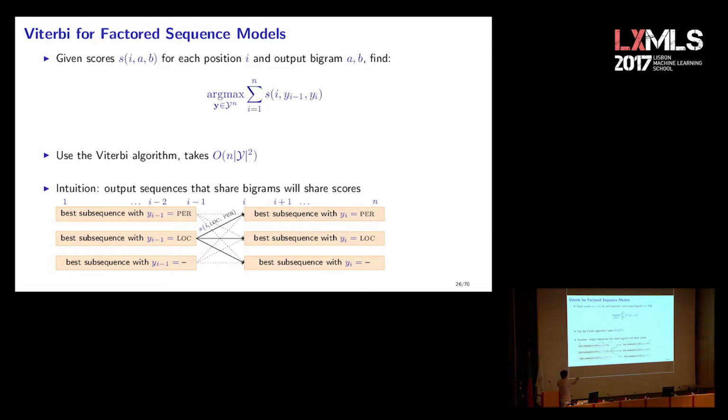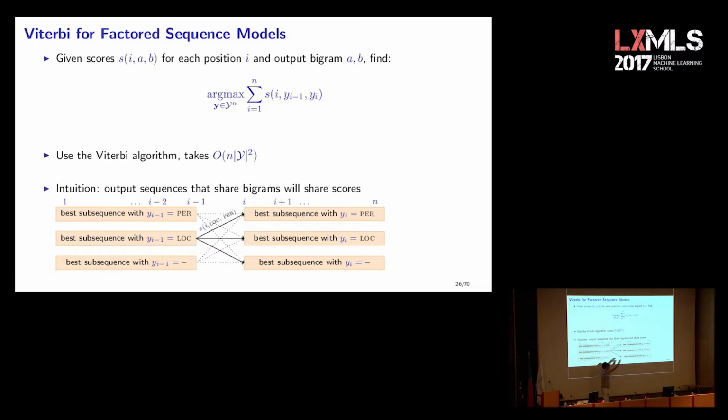Let's say that this illustration tends to be a sequence. This is position 1 and this is position n, and this thing is like a partial sequence from position 1 to position i minus 1, and this is another possible sequence, and another possible one. If I have this sequence that goes up to i minus 1, I have all these different ways to complete it, exponentially many ways with respect to that length.